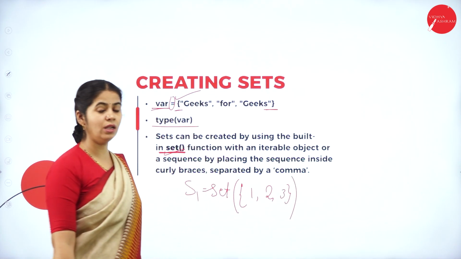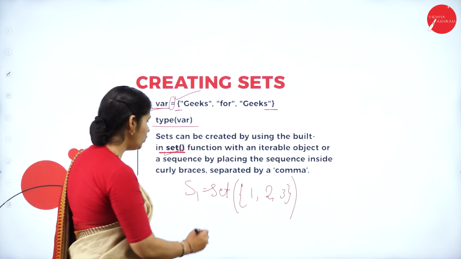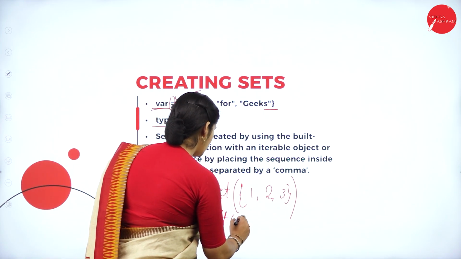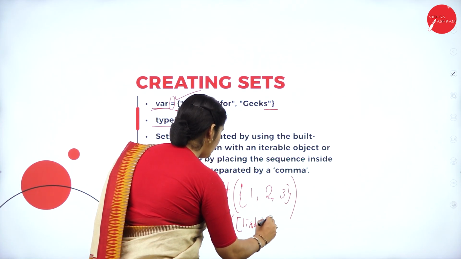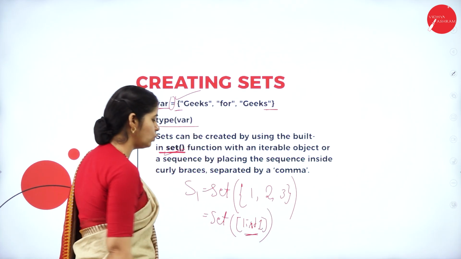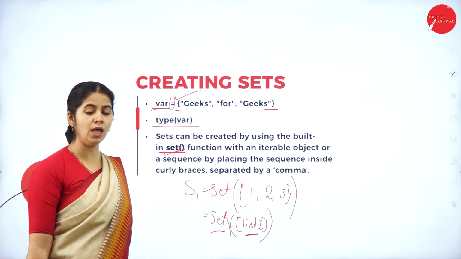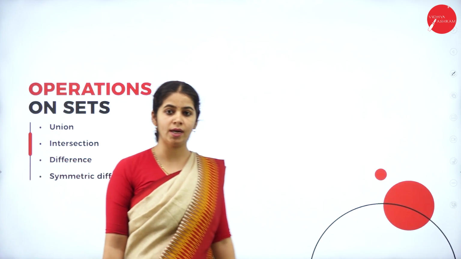This creates a set of integers, or you can convert a list into a set. Within set, I am giving the list L1. The elements within the list will be converted into a set using the inbuilt method called set. That's how we create set elements.